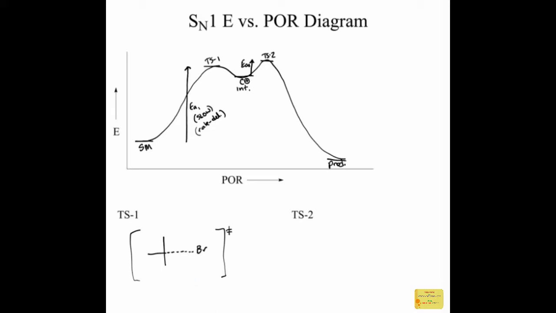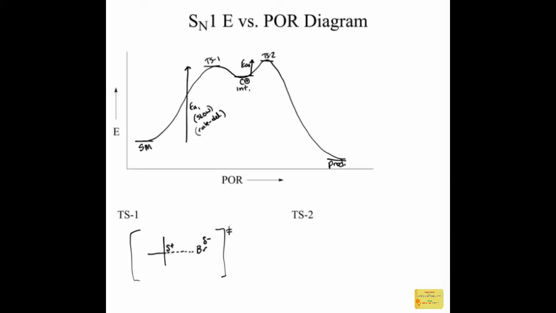And do we have any partial charges? What does it look like after this step? After the step, the leaving group is going to be bromide, Br minus. So we have a partial minus here. And after the leaving group leaves, our carbon is going to be a carbocation. So we have a partial positive here. As that bromine is leaving, it's pulling its electrons toward itself. So there's a negative charge building up on that leaving group and a positive charge building up on the carbon that's going to ultimately lose those electrons and become a carbocation. So that's our first transition state.